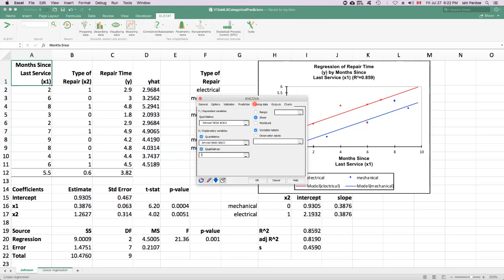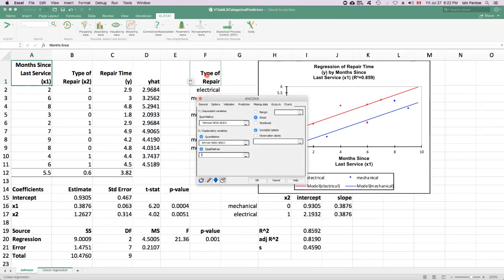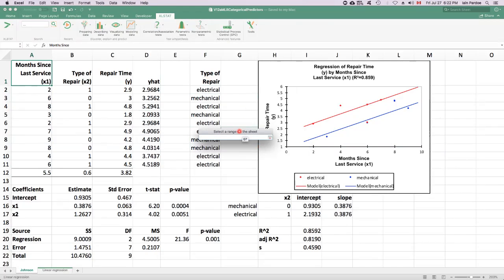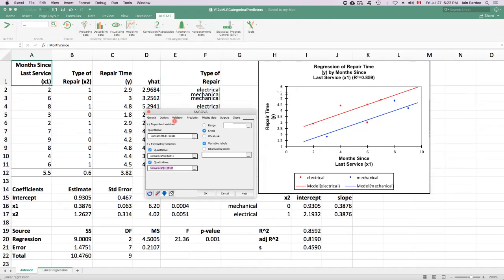ANCOVA means analysis of covariance, and it's the name given to this particular model where we've got a quantitative predictor and a qualitative predictor. Okay, so you might think, well, didn't you say a few minutes ago that the least squares method can't handle words?